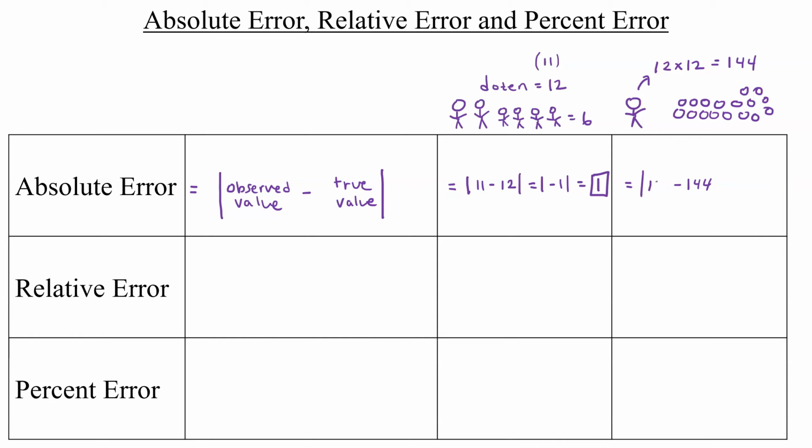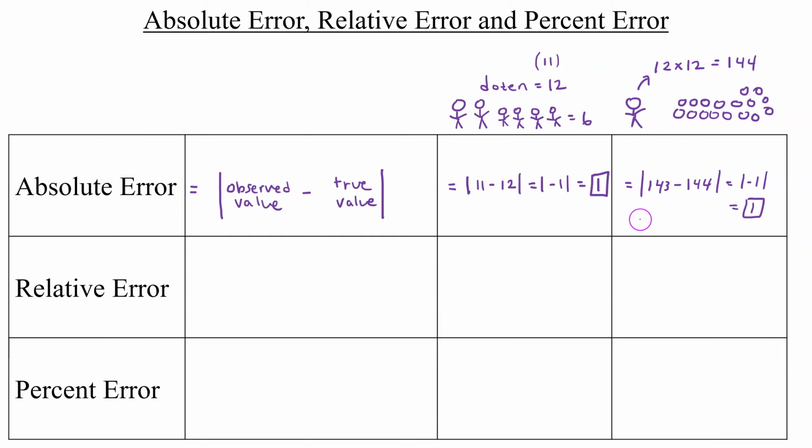So instead of 144 as your observed value, we only have 143. And if you do that subtraction, that's negative 1, and the absolute value of negative 1 is 1. So in both of these scenarios, we have the same absolute error.